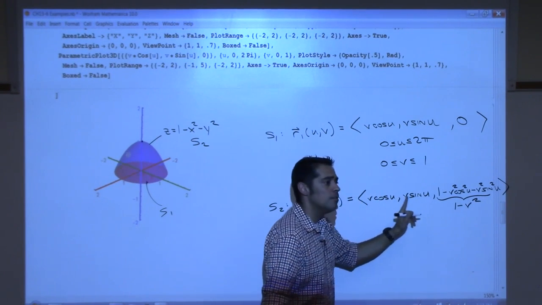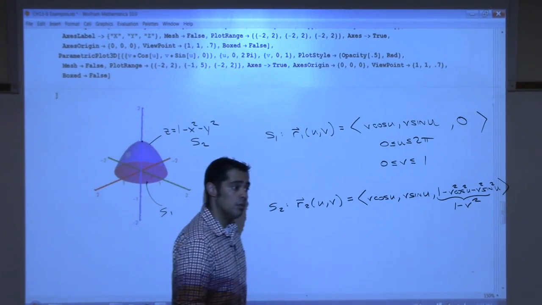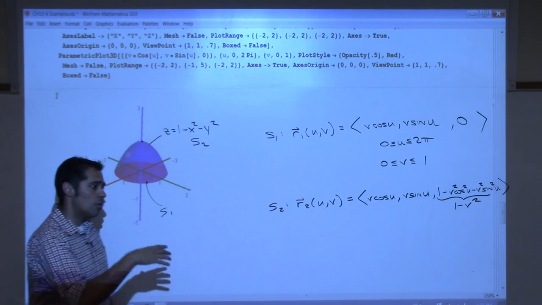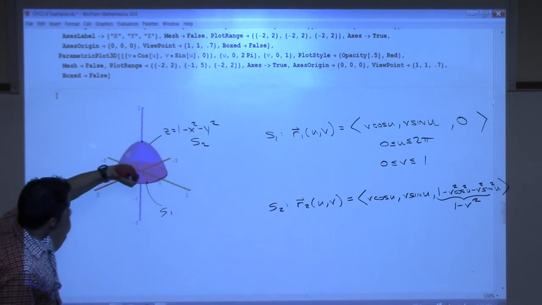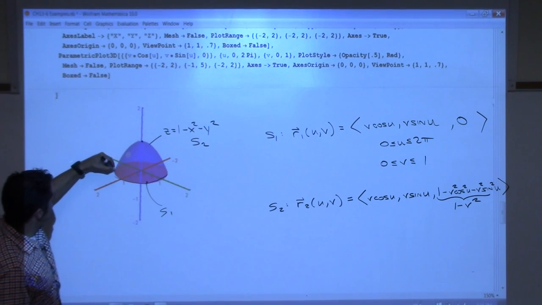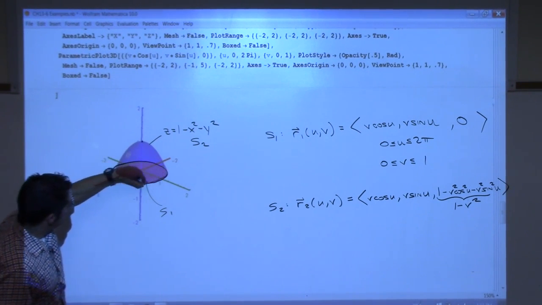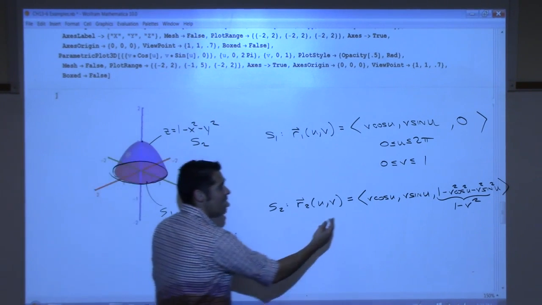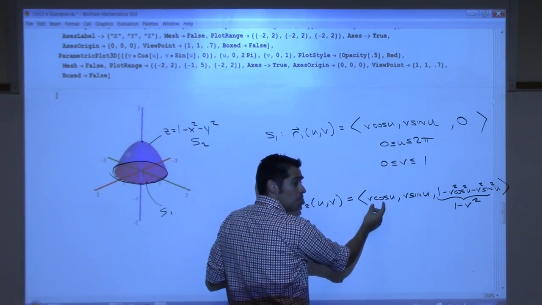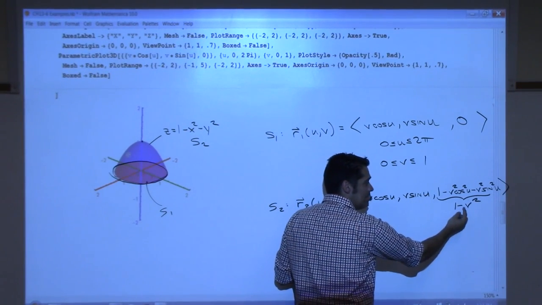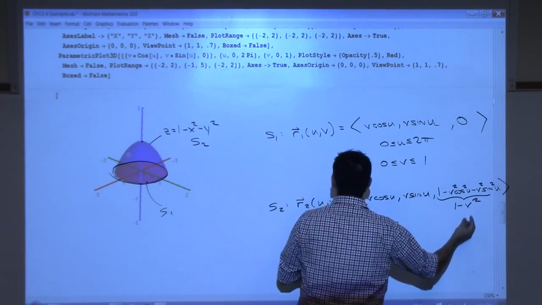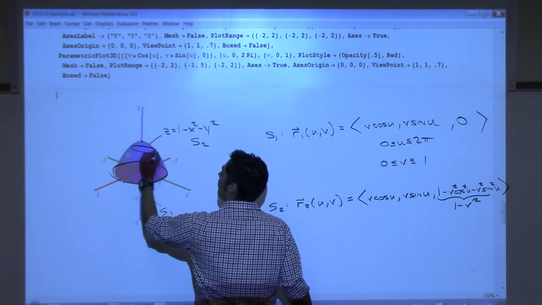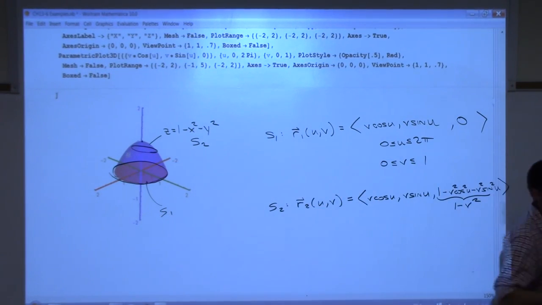But this will be cosine u, sine u, 0, which is a unit circle, z coordinate 0, which draws me the bottom. Then if I let v be a half, I'm going to get a smaller radius, and this is actually going to be 1 minus a fourth, 3/4. So I'll be up here drawing that circle. Does that make sense? So you've got to have that v to vary the radius as you move up and down. We good?